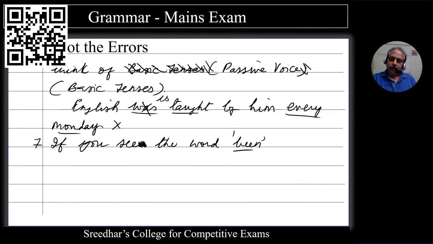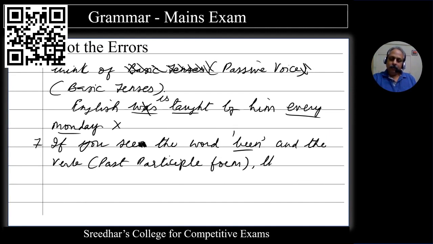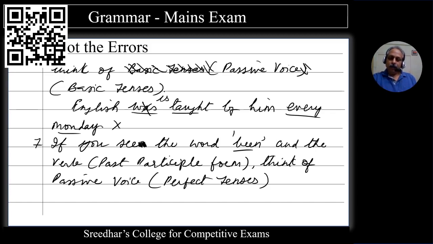If you see the word been and the verb past participle form, think of passive voice, perfect tenses. Again, think of passive voice, perfect tenses. Example.